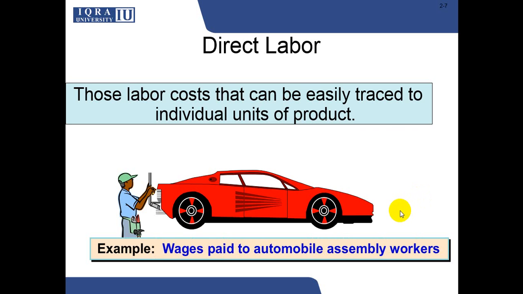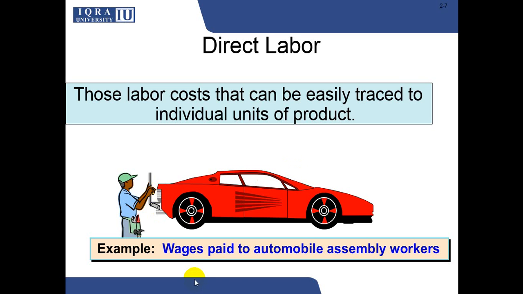Now the second one is direct labor. Direct labor is those labor costs that can be easily traced to an individual unit of product. Direct labor costs are the wages, benefits and insurance paid to employees who are directly involved in manufacturing and producing the goods.